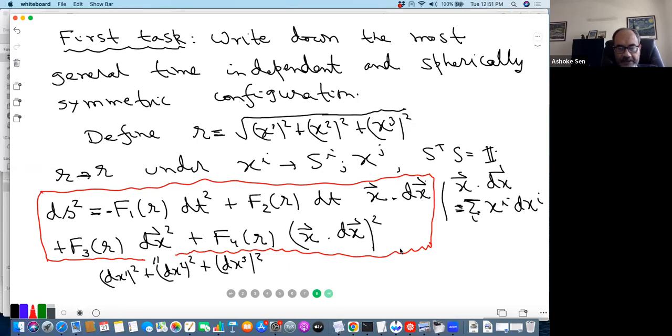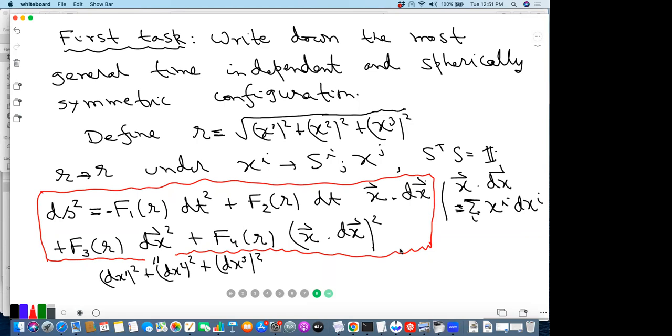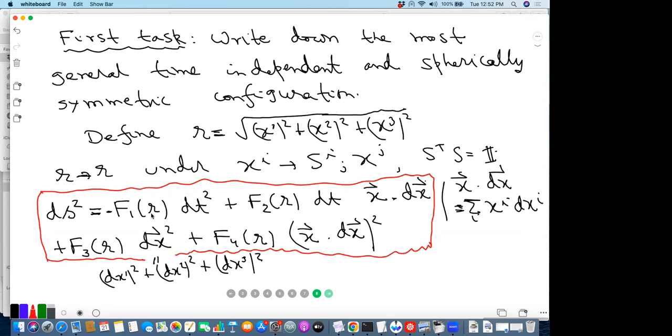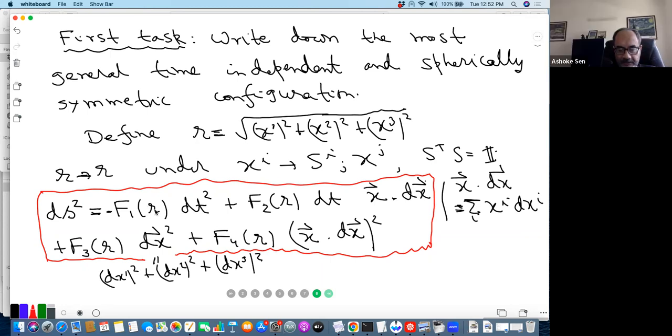But what is so special about this form? I could have had some other kind of form, like higher powers of x also. Those are part of this; these are arbitrary functions of R. So higher powers of x's are certainly included in this.